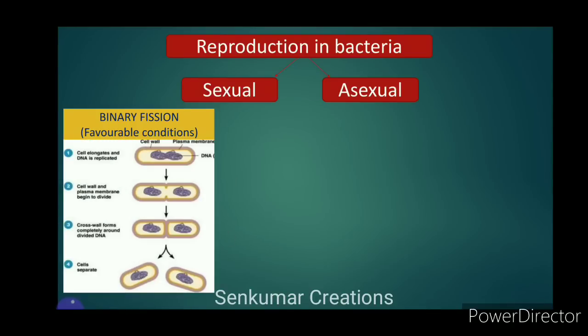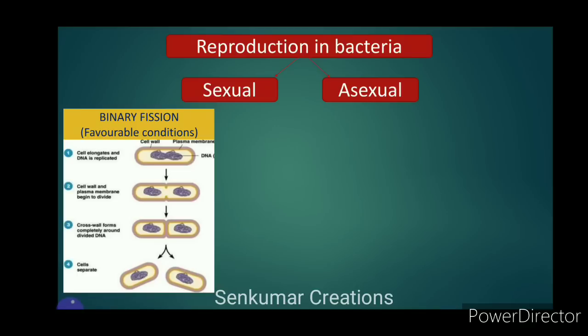The cell wall is there, the DNA material is present, and the plasma membrane. The cell is elongated and the DNA is replicated into two groups. Then the cell wall divides, and finally two separate cells are formed from the parent cell.